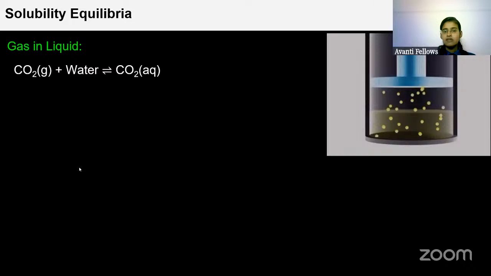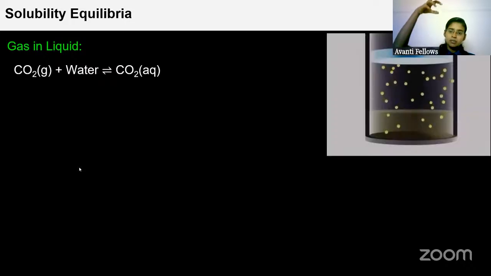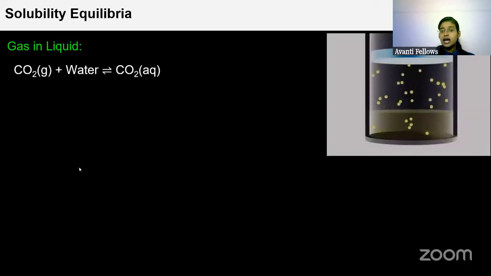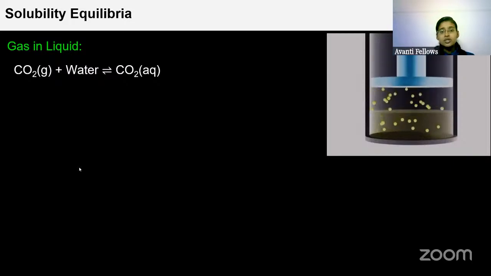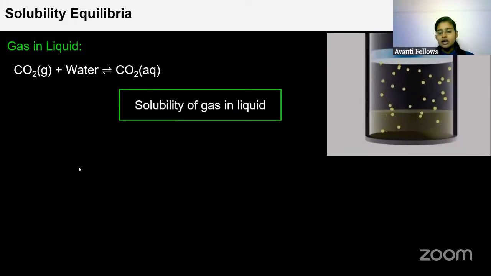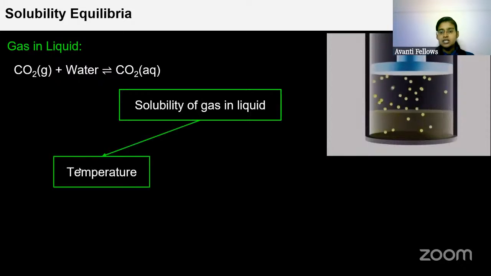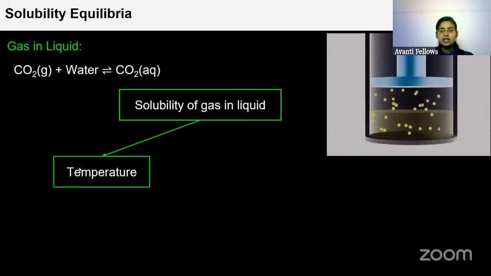How will it get dissolved? Something is coming from above, right? That is the piston. Why do we use the piston? To give the pressure. We apply pressure using the piston.